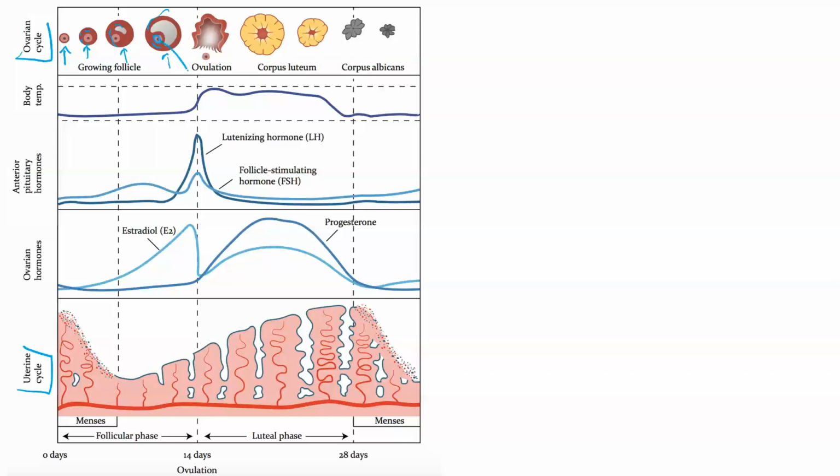And then eventually this thing gets ovulated, and all the rest of these cells stick back and become the corpus luteum. One of the triggers for ovulation is a big spike in luteinizing hormone. So what's interesting is that luteinizing hormone is not released, even though it's being made, it's not released as this follicle is developing. And then eventually, there will become a point where it is released, so it leads into a big spike.